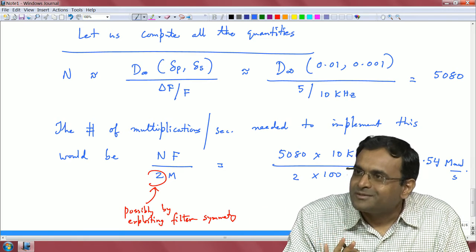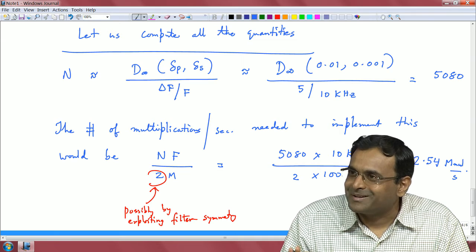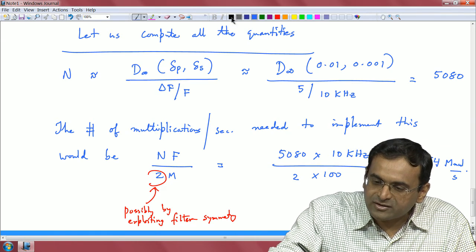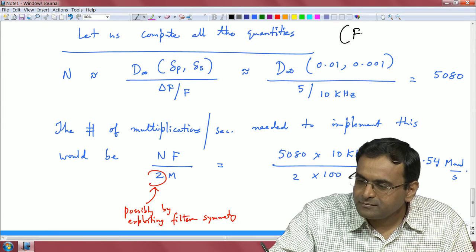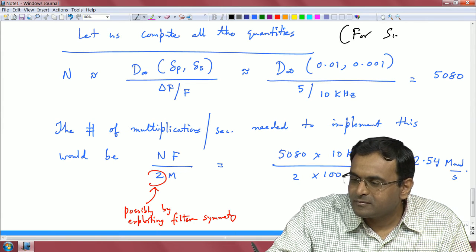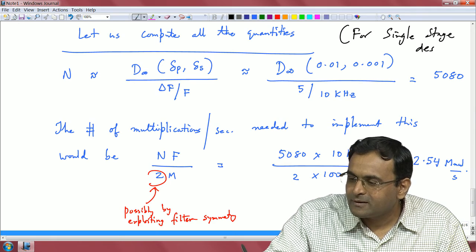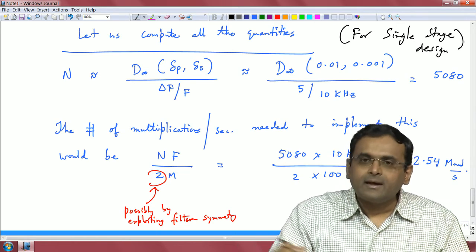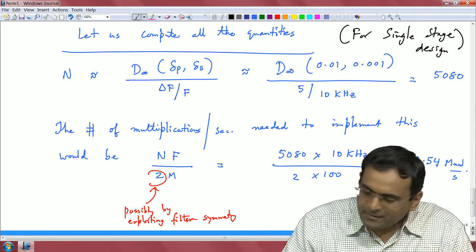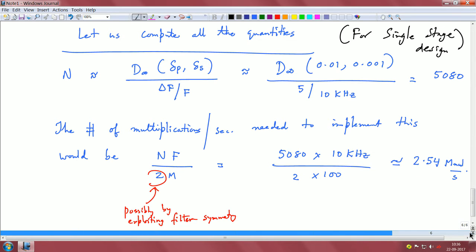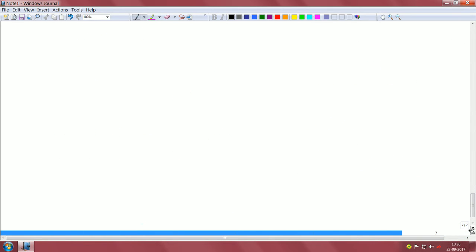So, this is not a good solution. Okay. So, this is for single stage design. And this is not very efficient. Okay. So, let us see if we can do this slightly differently.